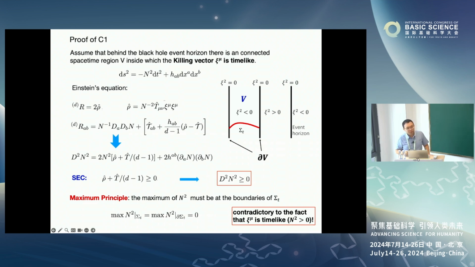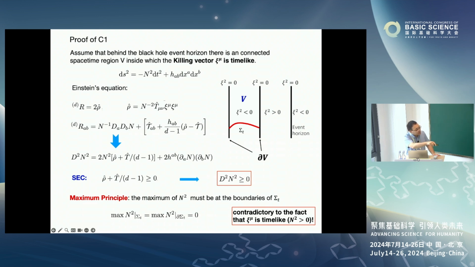So from mathematics we know there is a maximum principle. That means the maximum of n squared must be attained on the boundary of sigma t. That means these two boundaries. But by definition, if this space-time has two inner horizons, n squared on the boundary is just 0.